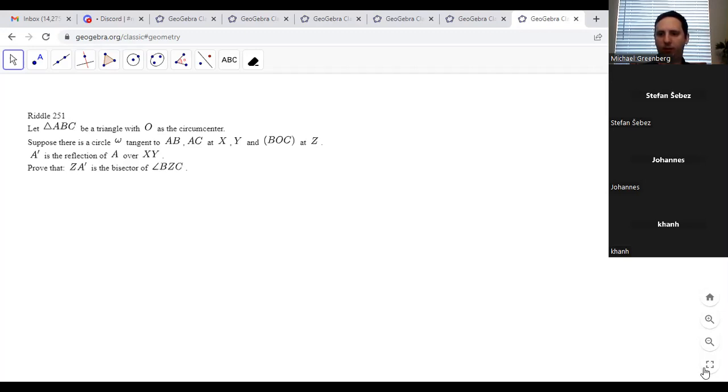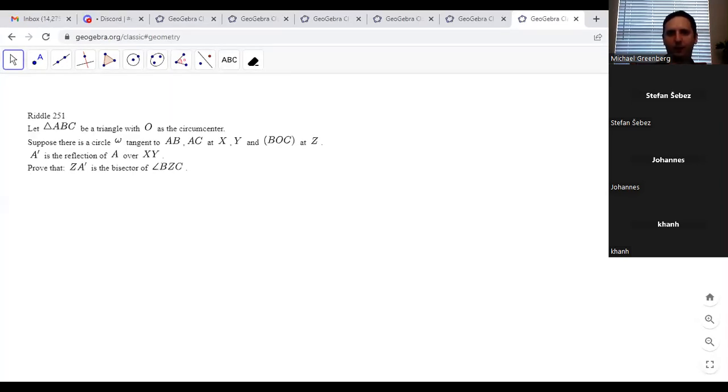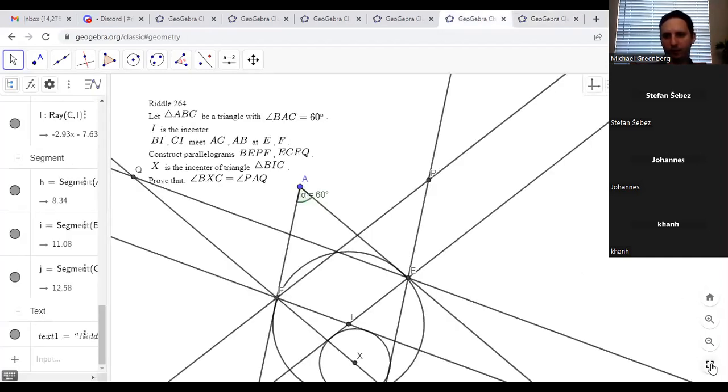Sorry, I'm just having trouble maximizing it here. I wonder if there's a keyboard shortcut to maximize stuff, because it's not working for me right now. Let me see. If I go to this one, yeah, let me maximize that, but it won't let me maximize this.